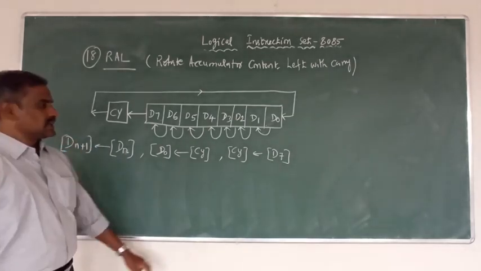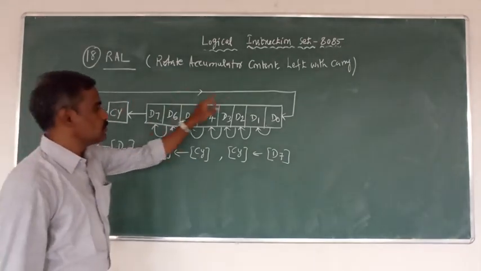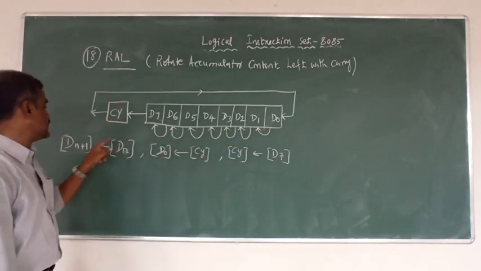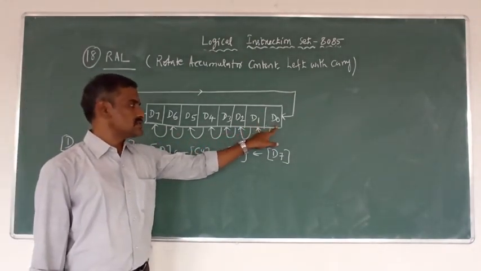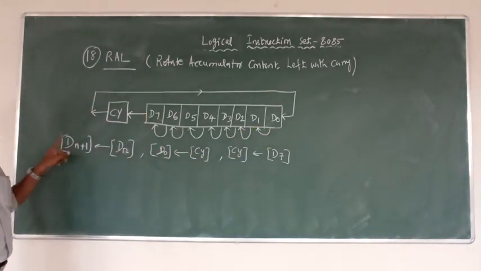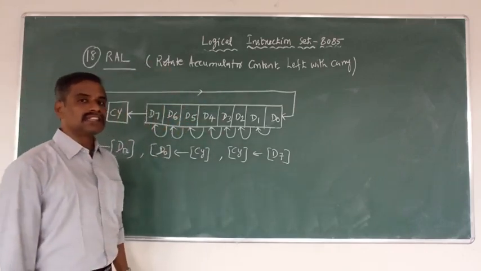D7 data moves to carry, then carry data moves to D0 position, and then D0 data moves to the D1 position. Okay, this is the operation of rotate accumulator content left with the carry.